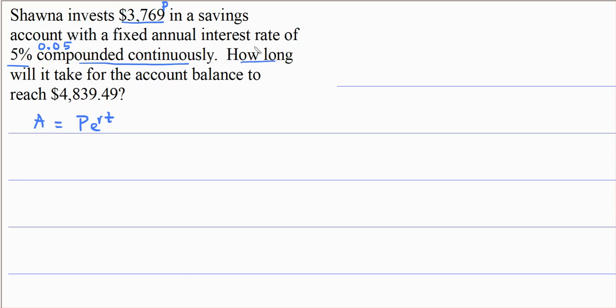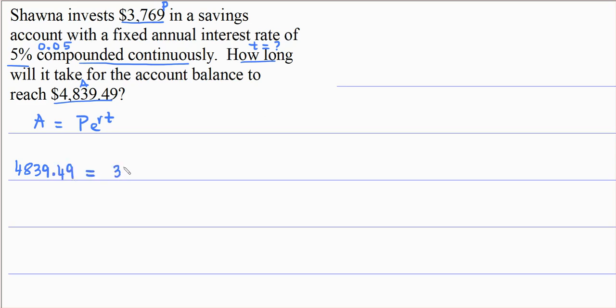How long? So we want to find t. How long will it take for the account balance to reach $4,839.49? So we have A. Let's substitute all we know. So we know A is $4,839.49.